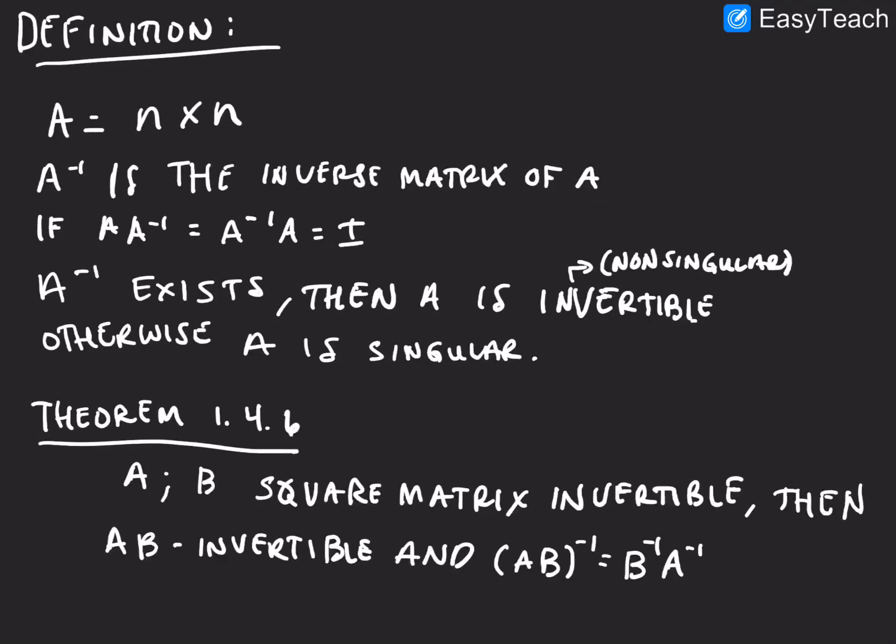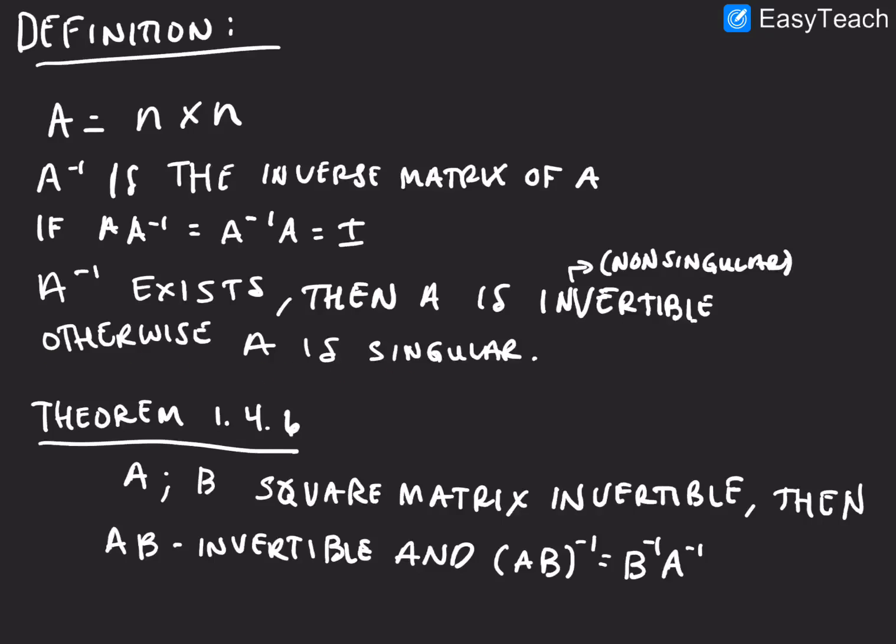So let's go ahead and do another proof. This proof is a little extensive, but it's good to see. So if you have this n by n matrix, we'll call that A. Then A inverse is the inverse matrix of A. So basically these are just statements. And if A times the inverse of A is equal to the inverse of A times A is equal to the identity matrix, A inverse exists. Then A is invertible, which also means non-singular.